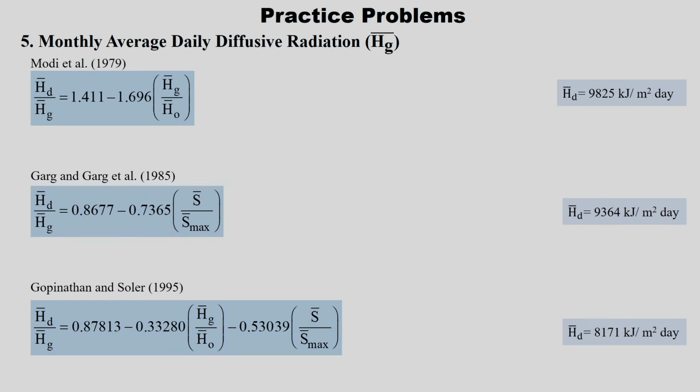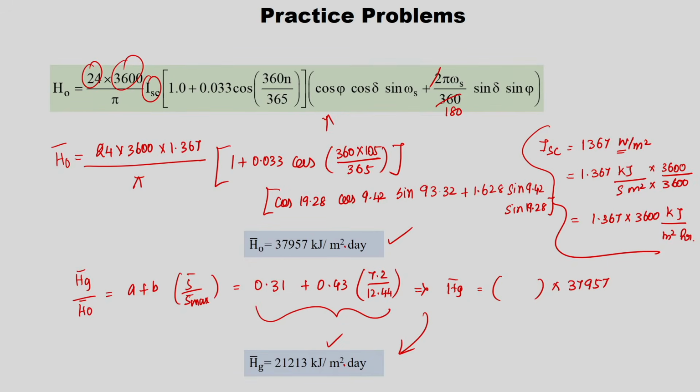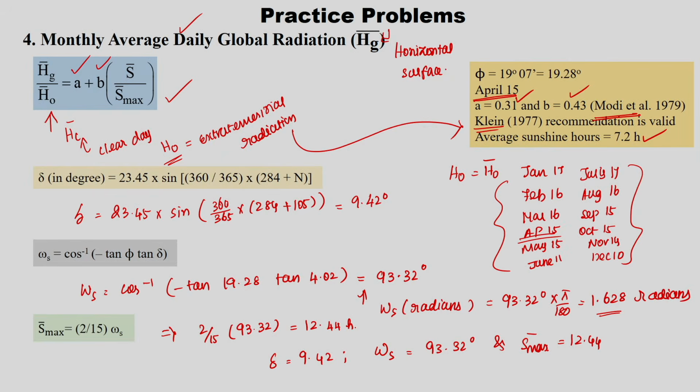So, the next one to find out is the monthly average daily diffusive radiation, which is nothing but Hd bar. Here there are three correlations available to calculate Hd bar. The first one is Modi et al., where we have seen that A and B values were proposed.